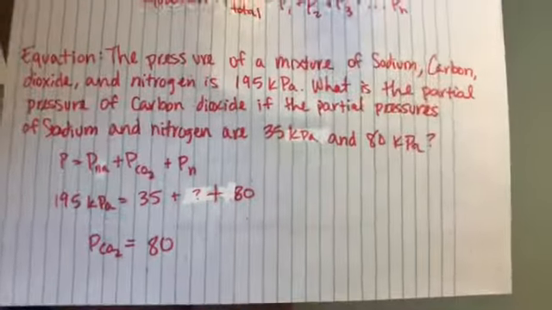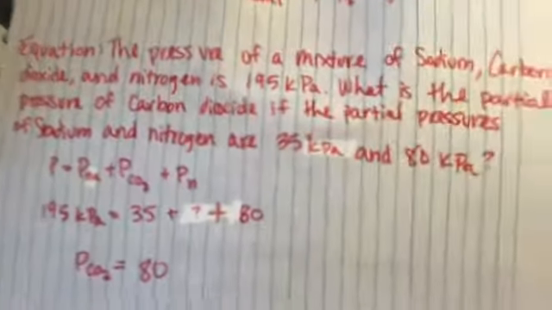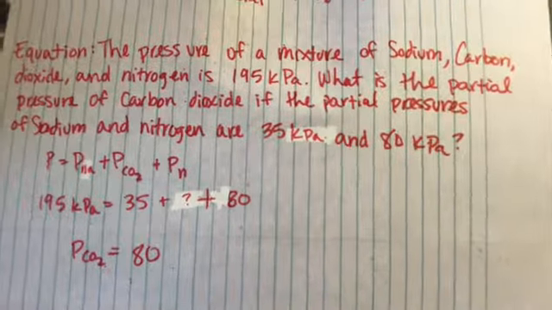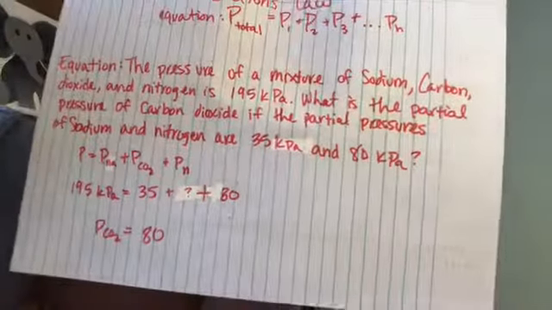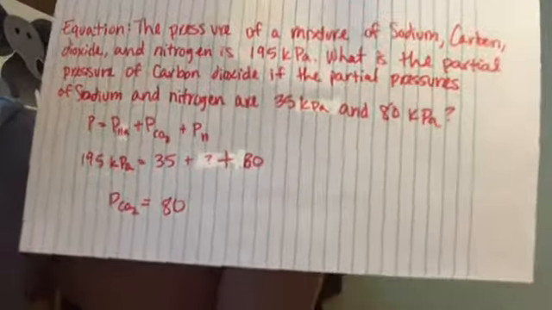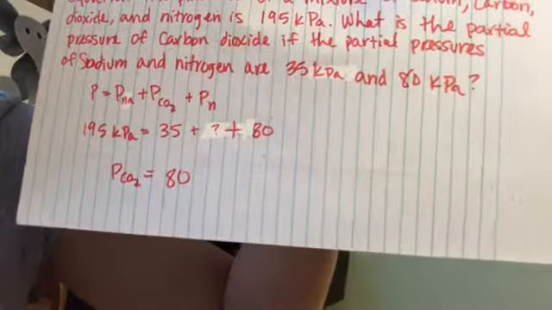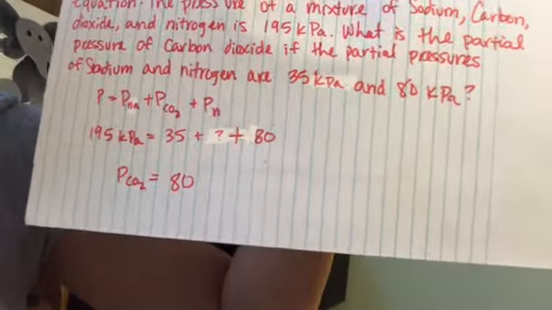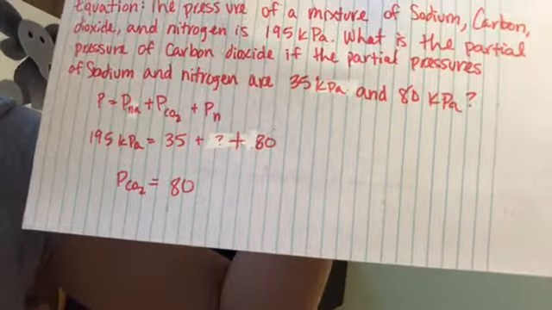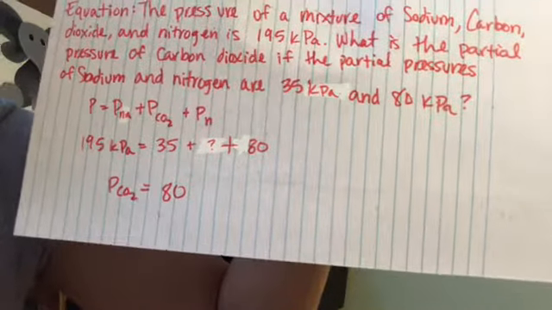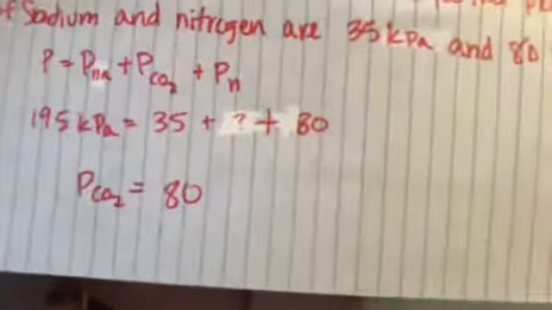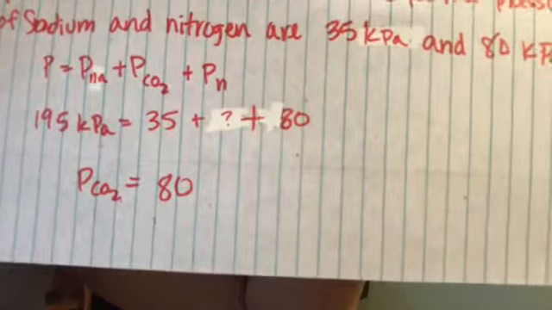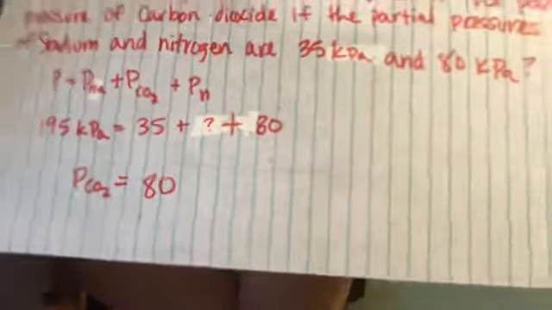So we have 35 and 80 given, and we need to figure out what carbon dioxide is. So we add 35 and 80, and then we subtract that from the total of 195, and we get that carbon dioxide ends up being 80 kPa.